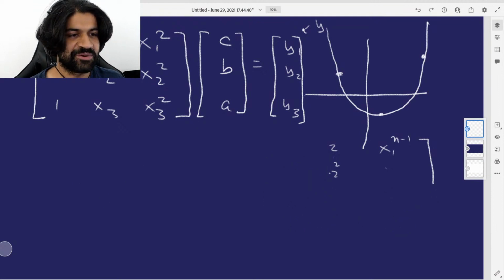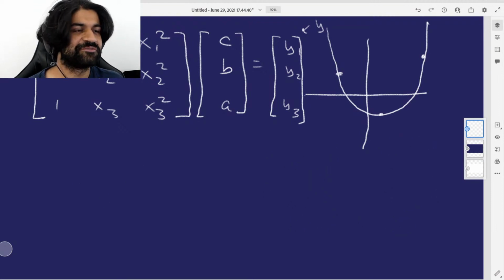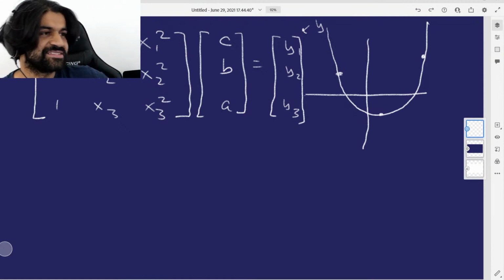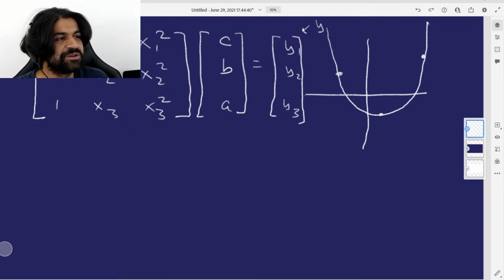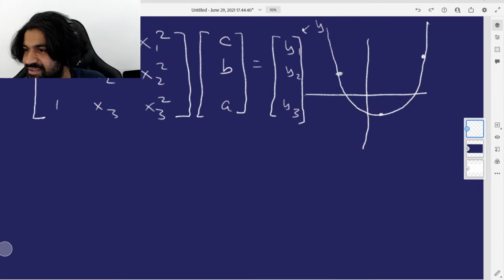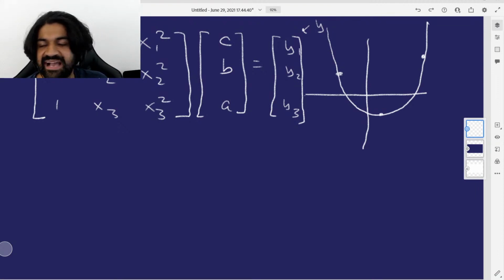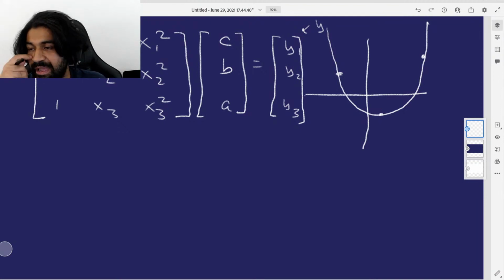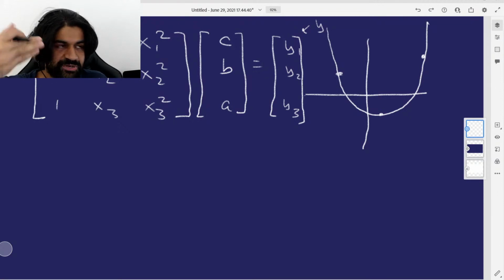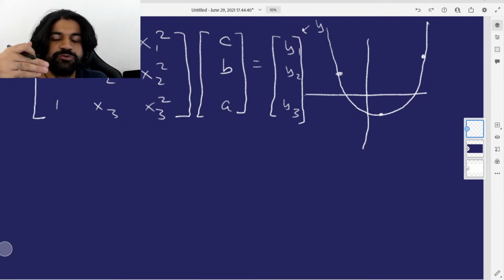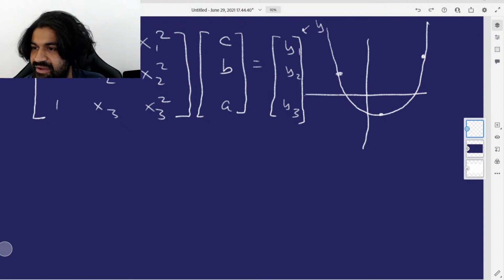When we computed determinants, we gave a number of definitions for determinants, right? But in essence, this is going to be a polynomial, right? Notice that if x1 equals x2, or x2 equals x3, or x1 equals x3, we would get a matrix whose 2 rows are the same, right?